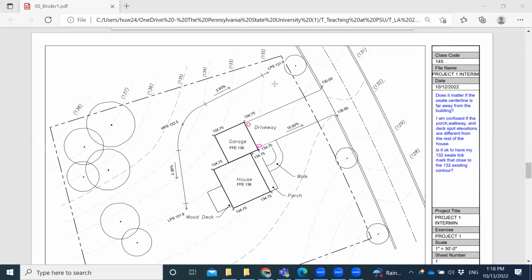The key about these elevations is that they are so close to each other. So you cannot have, for instance, the pink be 0.5 above 134.75. The reason being, otherwise at the corner, you'll have a sudden drop, like a one step drop, right? So these two elevations would be very close to each other, or they are the same.